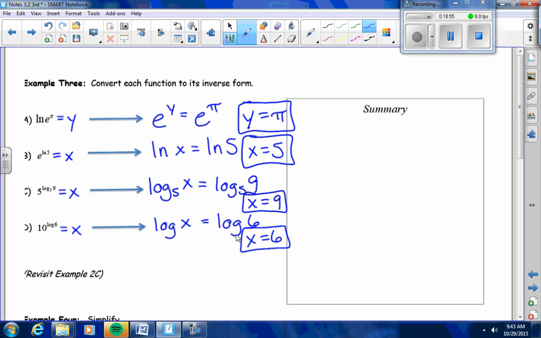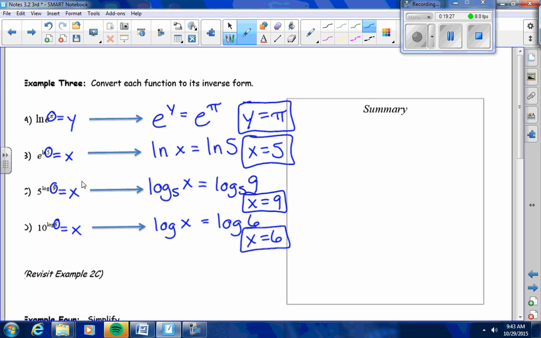What are you noticing? Okay, so do you see how we have a logarithm with the exponential? They're canceling out, and we're left with that part of the exponent. We were left with pi. We were left with 5. We were left with 9. We were left with 6.